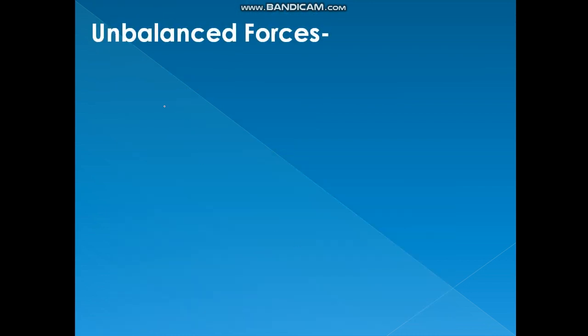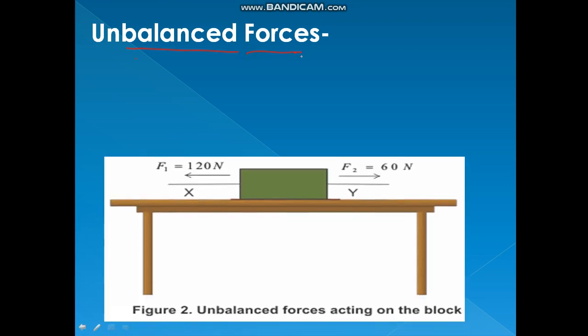Now let's see what are unbalanced forces. Now in this situation, can you see, we already know that the upward force R and W are balanced. But apart from this, you can see there is one force acting on it, which is F1, given to be 120 Newton.